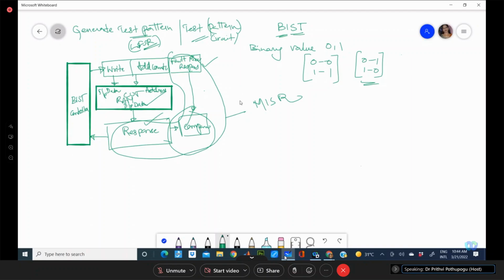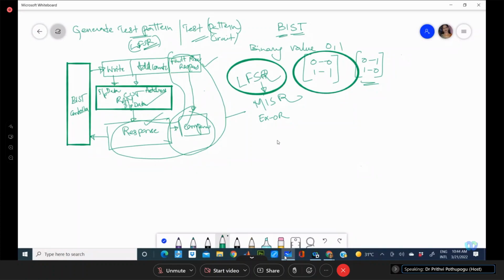Okay, what extra element, or what circuit changes, are needed in order to make a linear feedback shift register into a multiple input signature register? This is the generating element. For comparison, we need an extra setup: we use XOR operations, because comparisons are done by the XOR element.